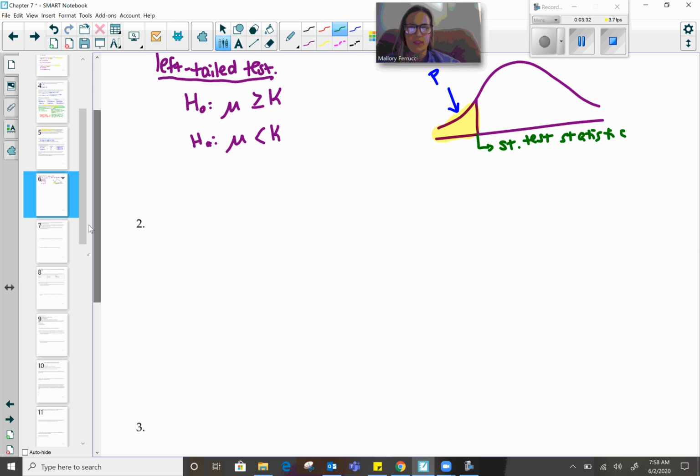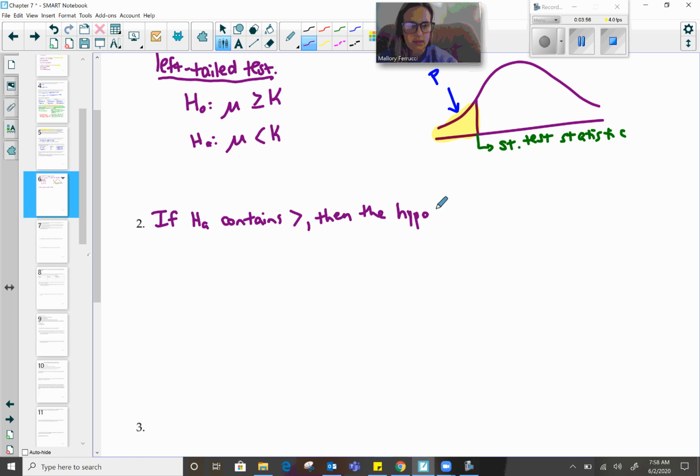Now, if the alternative hypothesis contains a greater than symbol, then the hypothesis test is right-tailed.